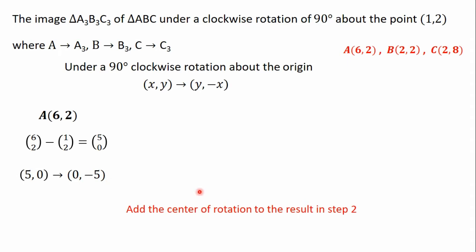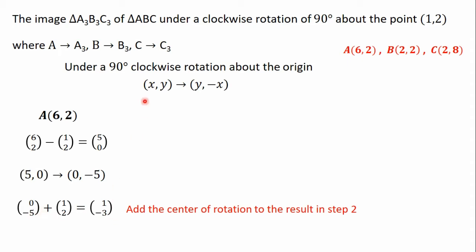Now after that, the third and final step says that we should add the center of rotation to the result in step 2. The result in step 2 is the image here, which is (0, -5). So we will add the center of rotation, which is (1, 2), to (0, -5). That will give us (0 + 1, -5 + 2). 0 plus 1 will give us 1, -5 plus 2 gives us -3.